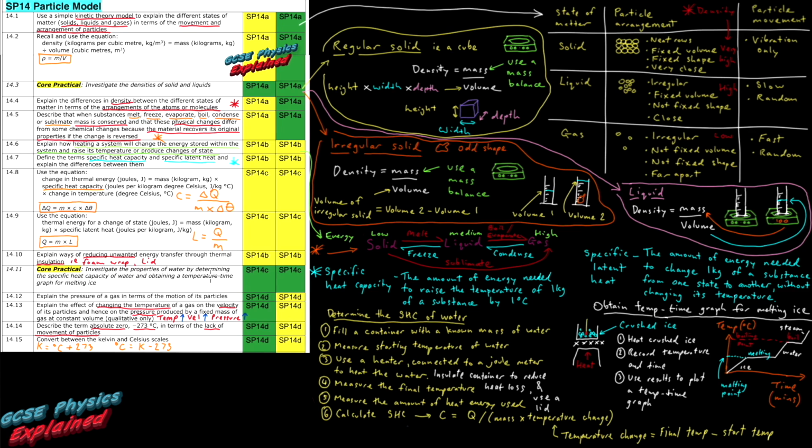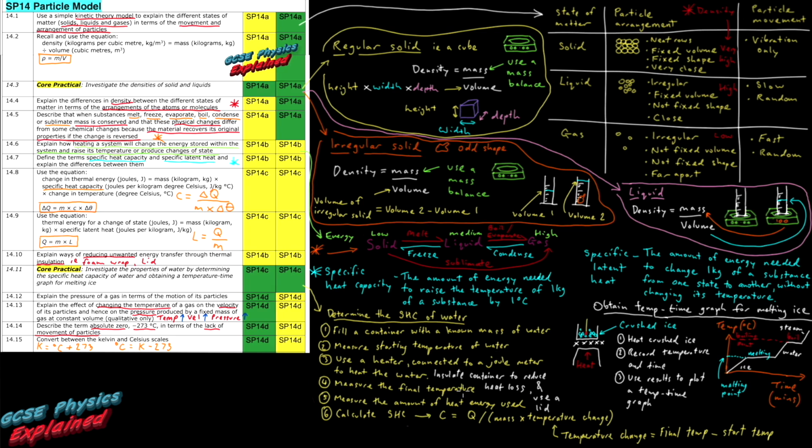Investigate the properties of water by determining the specific heat capacity of water and obtaining a temperature time graph for melting ice. So, here's how to determine the specific heat capacity of water. You'd need to fill a container with a known mass of water. And for another mark, measure the starting temperature of the water. For your 3rd mark, use a heater connected to a joule meter to heat the water.